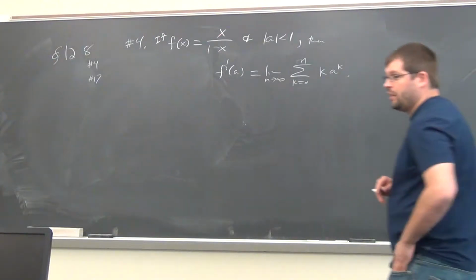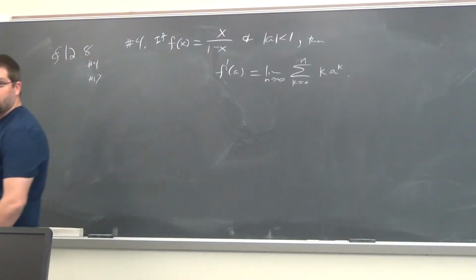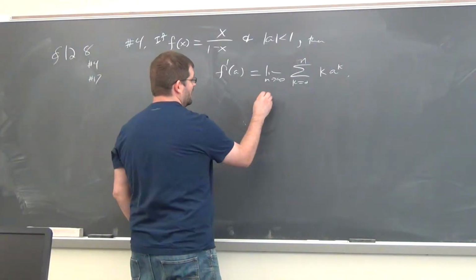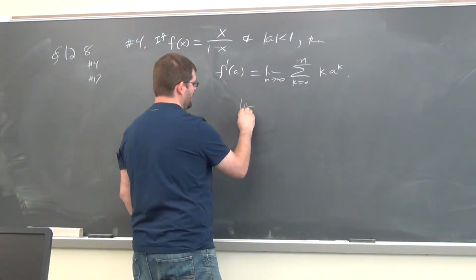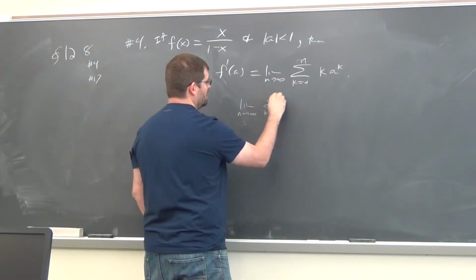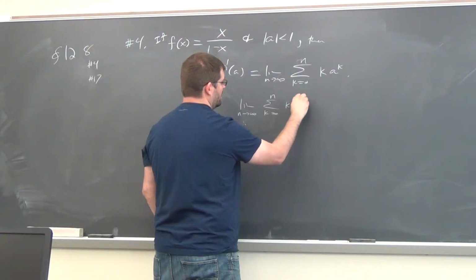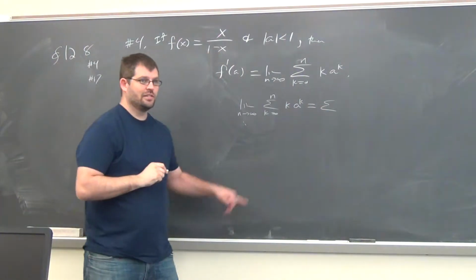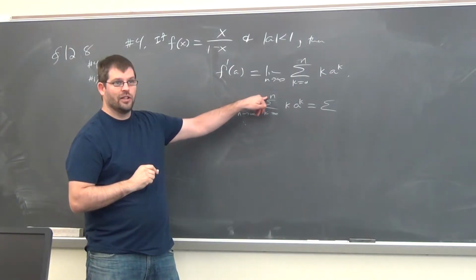The way it's worded is different than anything we've really looked at before. Let me point out, what is this, the limit as n goes to infinity of the sum from 0 to n of k a sub k.